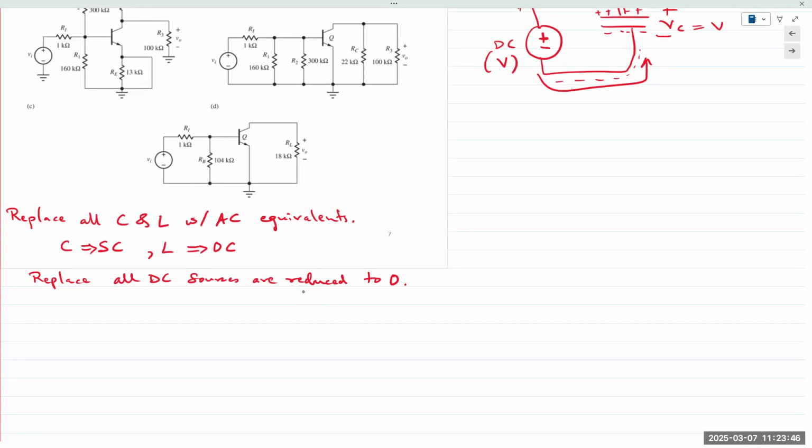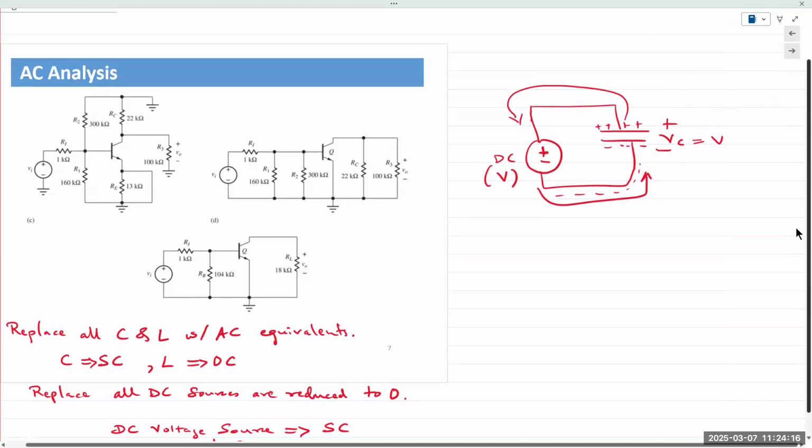Reducing a source to zero would mean that you would replace a DC voltage source with what? Anyone? Short circuit. And a current source? Open circuit.